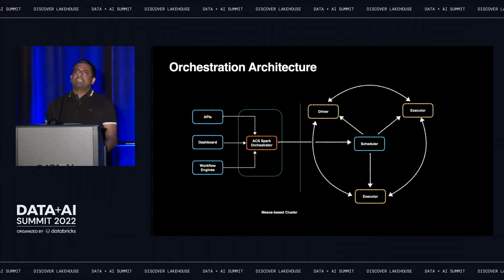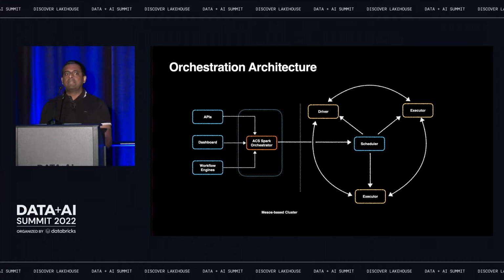When we initially launched the platform a couple of years ago, our primary integration was with Mesos compute substrate. Let's review the design at a high level. Users can use either APIs or UI or other workflow engines like Airflow to perform various Spark application-related operations, like running a job.